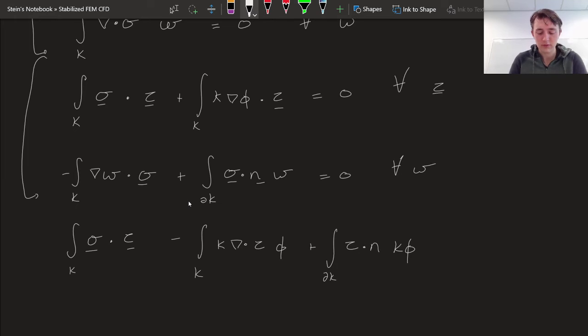Partial k, sorry. K is the element, right? And this is going to be equal to 0 for all tau. Let me make sure I didn't make a mistake. I think that's fine.